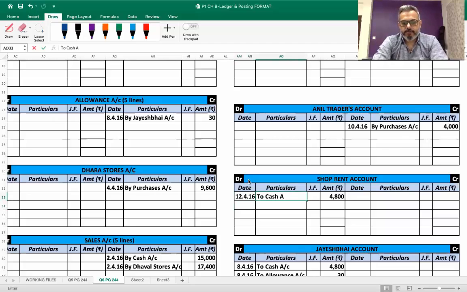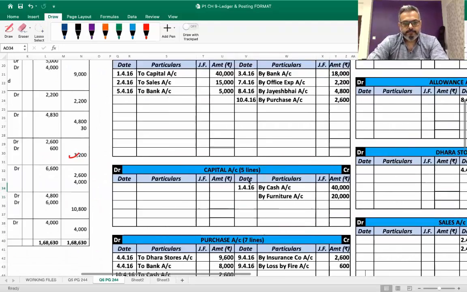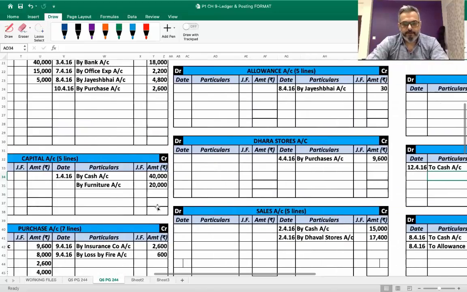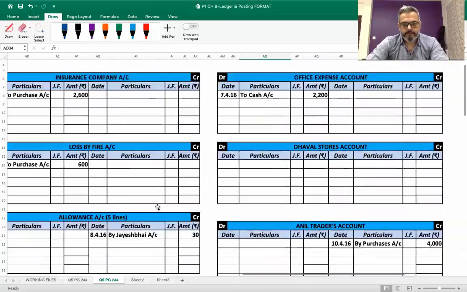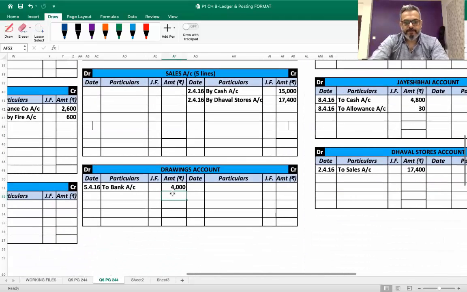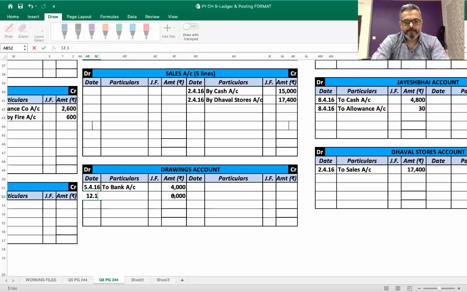To cash account. Drawings account debit 6,000, drawings account debit 6,000, 12/4/16.